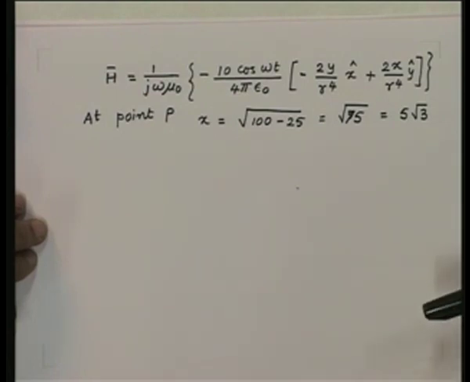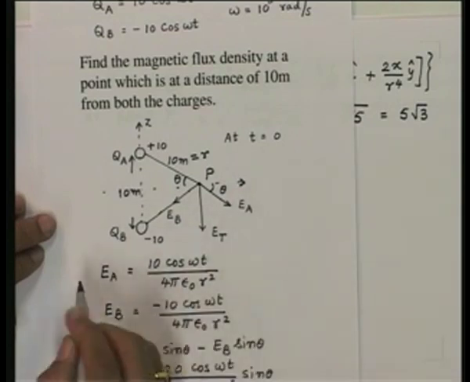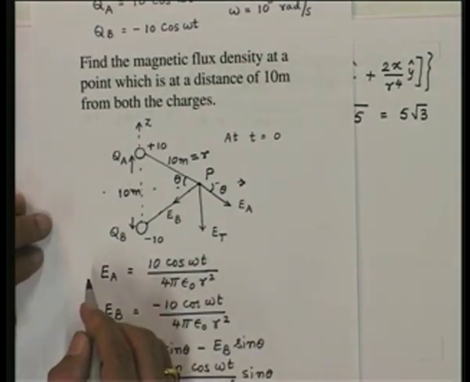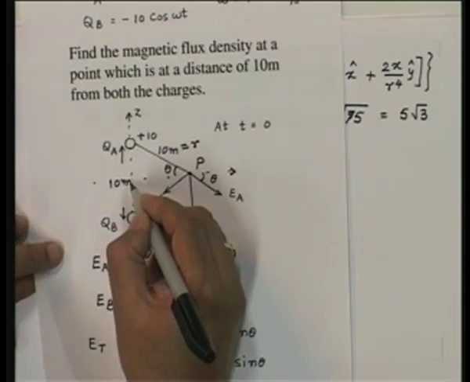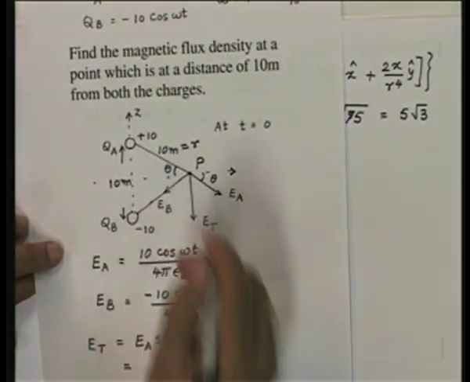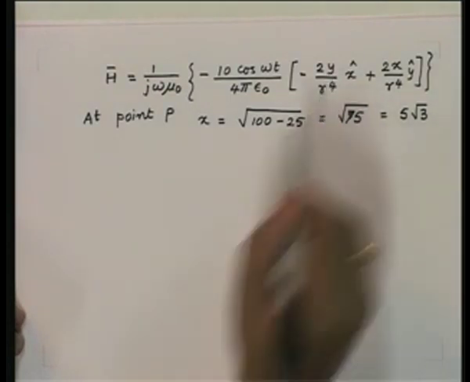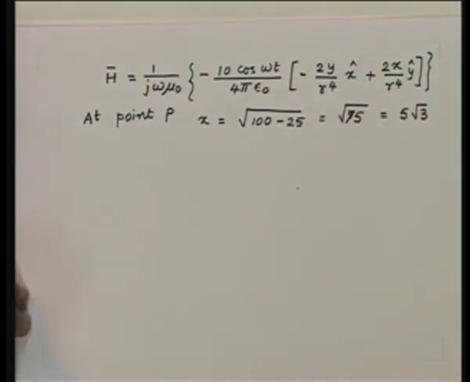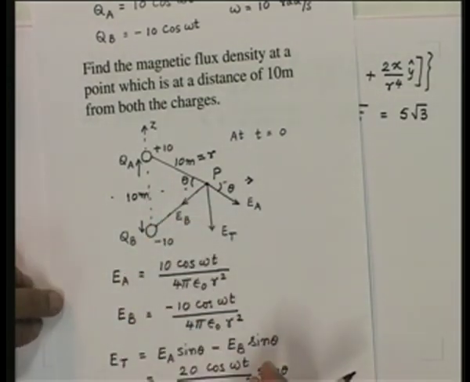So for this location, first of all, if I consider the coordinate system at this point here, then I can just substitute that y is equal to 0 for this point, and then from there I can find out the total electric field. So I can substitute now for y equal to 0 and x equal to the quantity which is equal to r for this coordinate system.